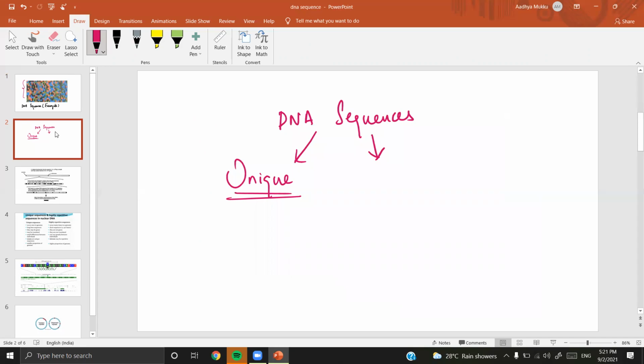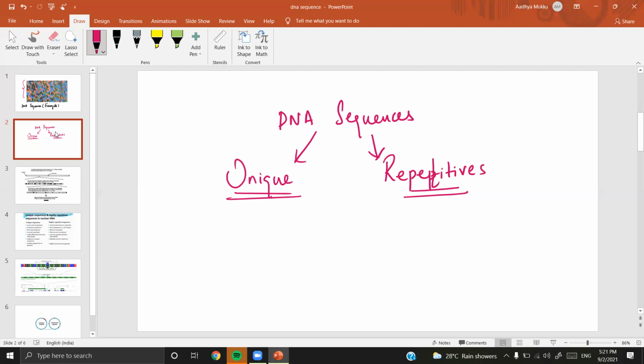These may be having only a few hundreds of copies in the genome, but there might be some rearrangement of the nitrogen base pairs in them, due to which they are not identical to each other, but yet they are going to be the unique DNA sequences. And the second one is you may have these nitrogen base pairs repeating themselves very commonly, and these will be called repetitive DNA sequences.